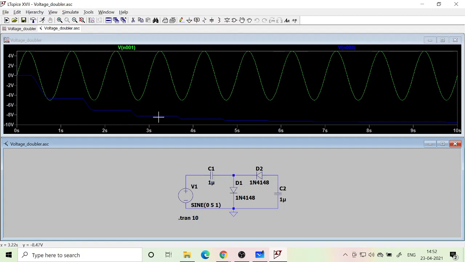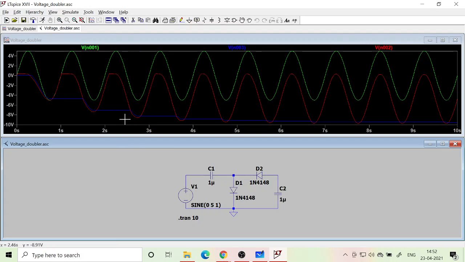I think I have shown you this sort of thing. And this is happening because of the input voltage and the charge on the capacitor. So if I plot this voltage, you can see that whenever the input voltage goes below, the blue line also follows it. But when it goes up, the blue line will not respond because the diode D2 will be reverse biased. But in the next cycle again, the red line goes below the blue line, so the blue line will follow it because the diode will be forward biased for a short time.